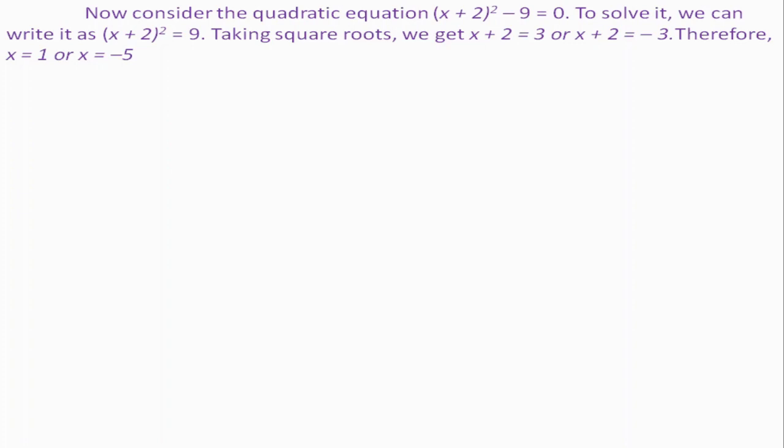So X plus 2 is equal to plus 3 or X plus 2 is equal to minus 3. Again shifting 2, we get two values of X: one is X equal to 1 and another is X equal to minus 5. So the roots of the equation X plus 2 whole square minus 9 equal to 0 are 1 and minus 5.